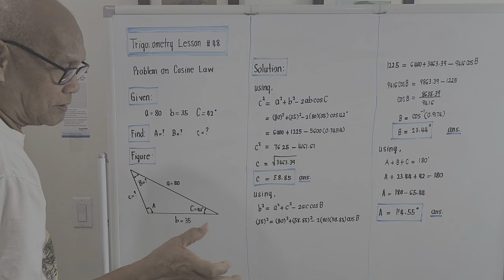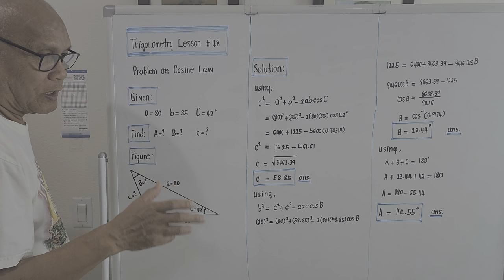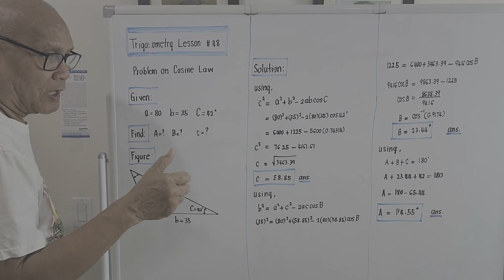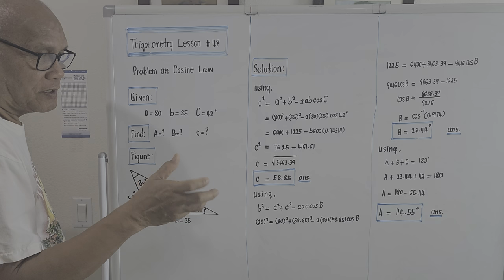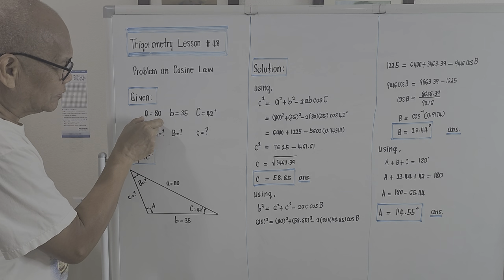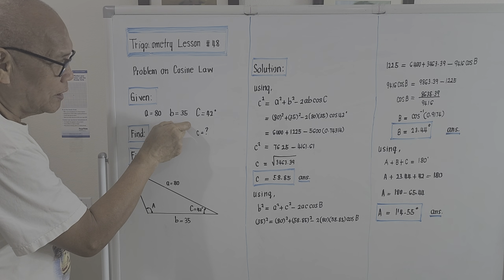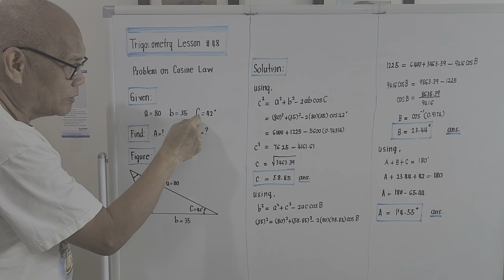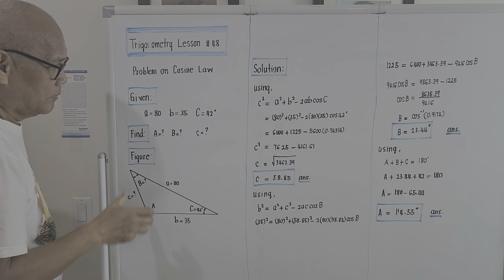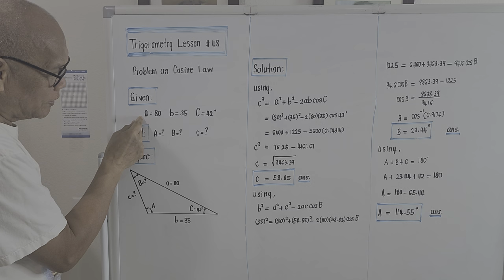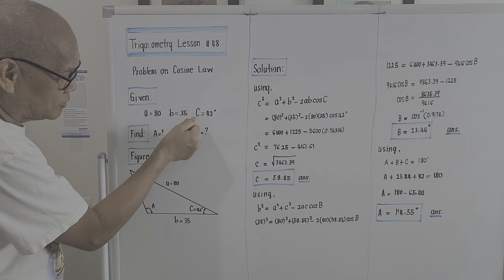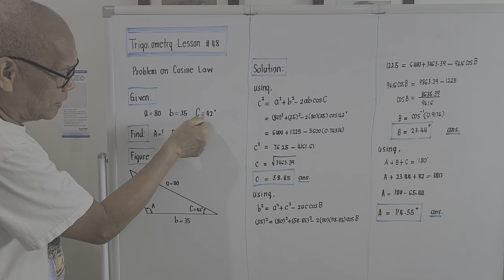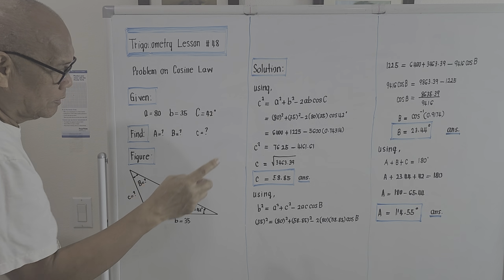To illustrate the concept of cosine law, I will be giving an oblique triangle with given dimensions. We are given two sides and an included angle C. Meaning the value of A will be 80, B will be 35, and angle C, this is capital letter C, is 42 degrees.